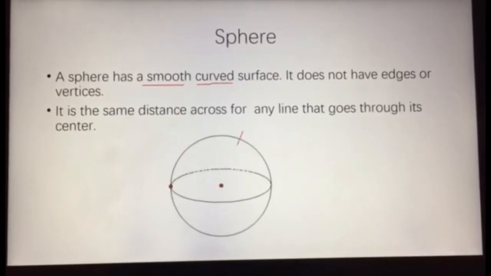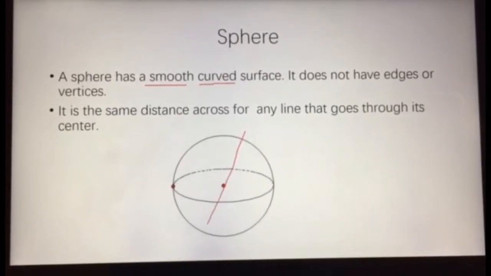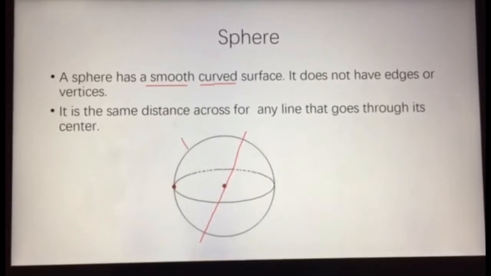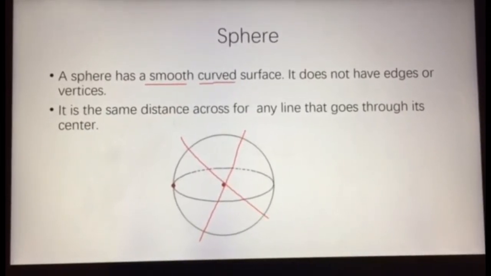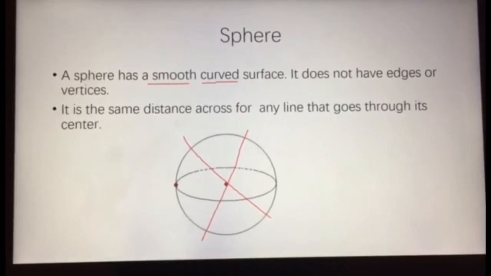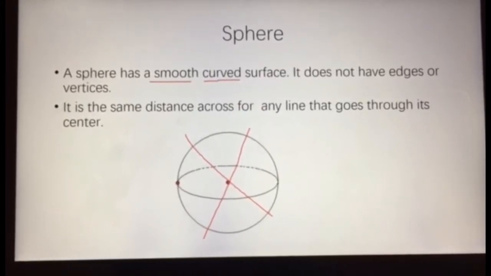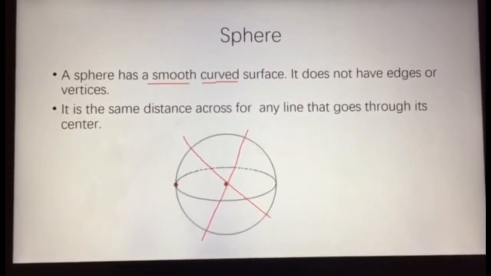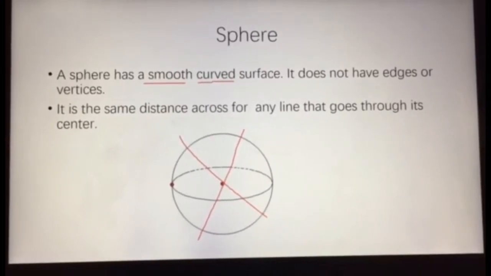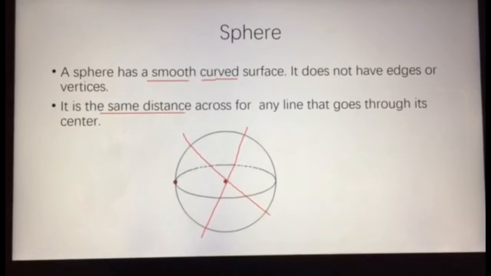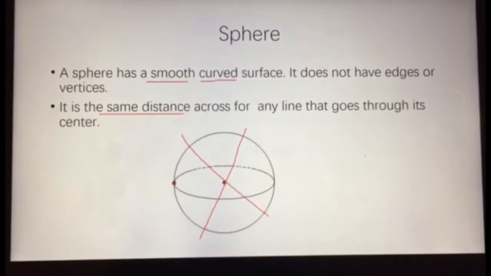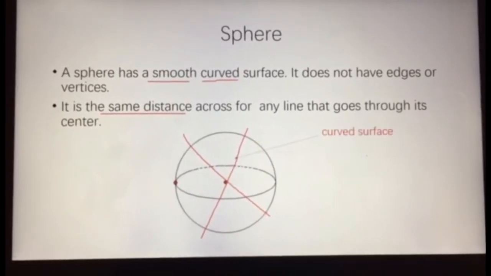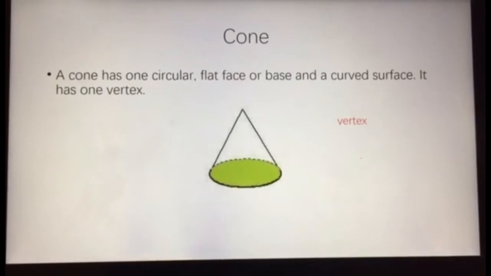If there is a line that goes through its center, and there's another line that goes through its center, from this side to the other side, the distance is always the same. So it's the same distance across for any line that goes through its center. This is a sphere. Curved face.